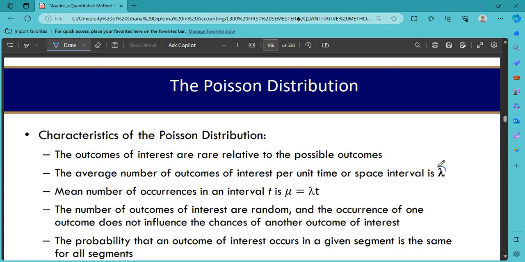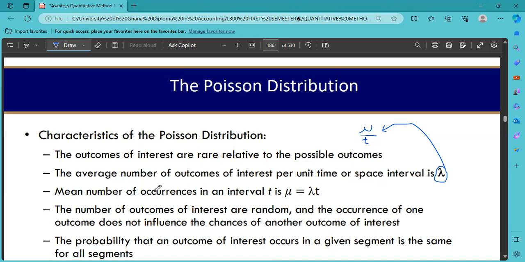So they use lambda to be the average, or the mean divided by t. The mean divided by t is the lambda. That's what they are trying to say.